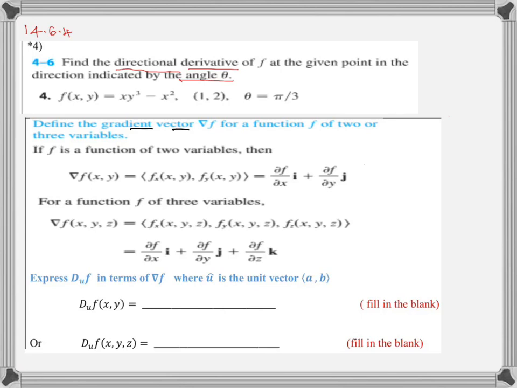Now what is the directional derivative? Express D u f, the directional derivative of the function f, in terms of the gradient vector del f, where u is a unit vector with components a, b.